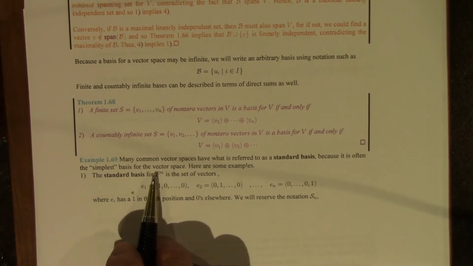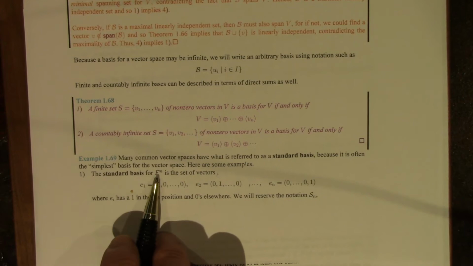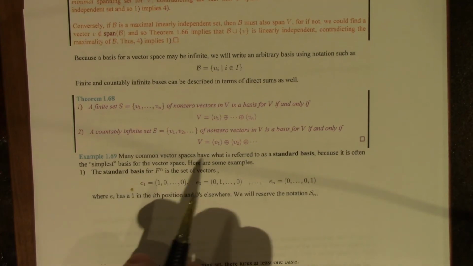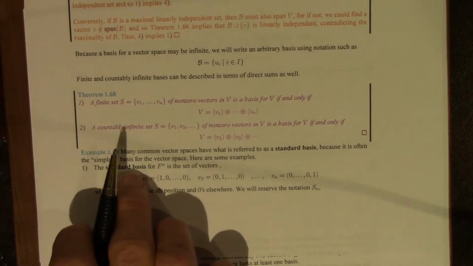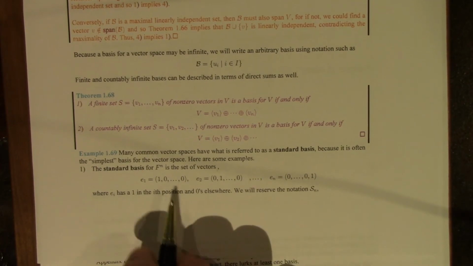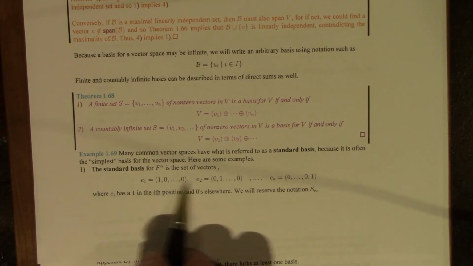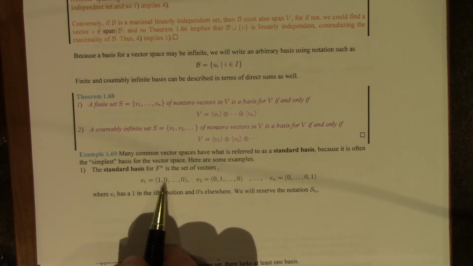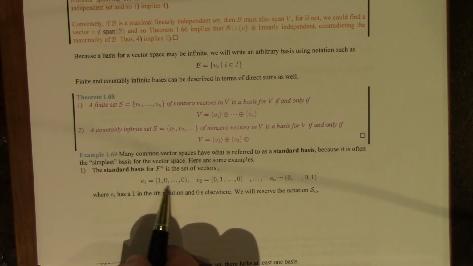Here are some examples. For the vector space Fn, which includes Rn and Cn, the standard basis is the set of vectors E1 through En that consist of the ordered n-tuples with a single 1 and all zeros everywhere else.